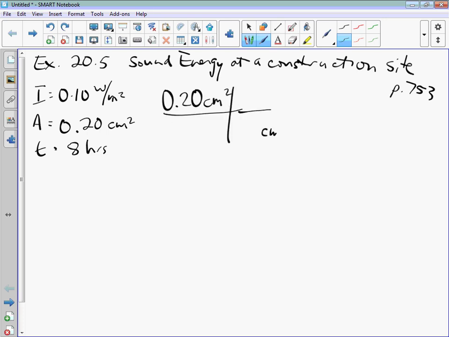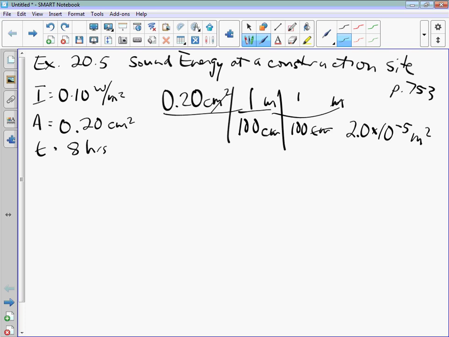Well, you'd have to do it twice, to get to square meters. Basically, instead of moving 2 digits, since it's squared, you have to move 2 digits twice, or 4 digits. So we end up with 2.0 times 10 to the negative 5th meters squared for our area.